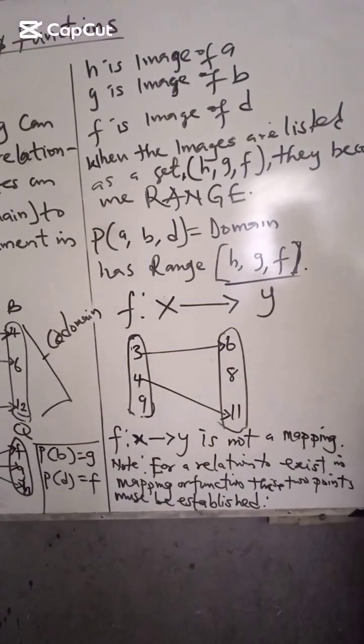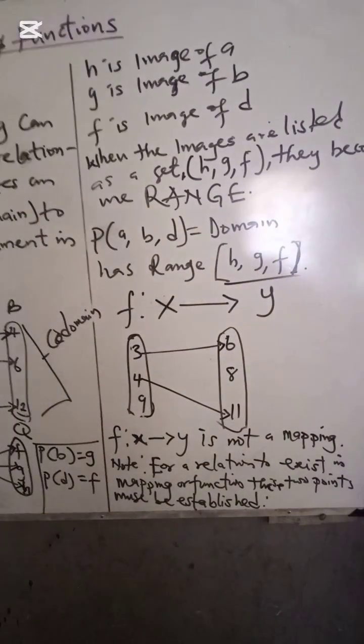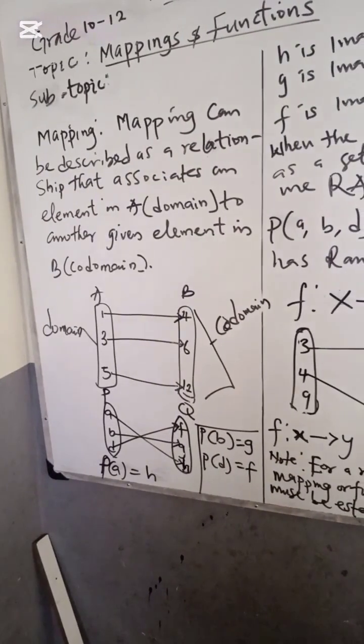One: every element in the domain must have an image in the codomain.